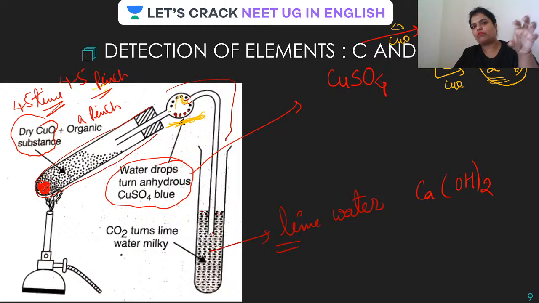That is actually the role of the trap, because you all know, guys, water vapor is going to get condensed back as soon as the temperature gets lowered even a bit. Okay, clear? Done. You can observe the same thing when you are heating water in an open vessel. All the vapors go away.